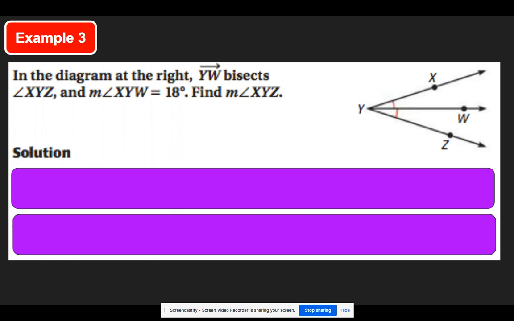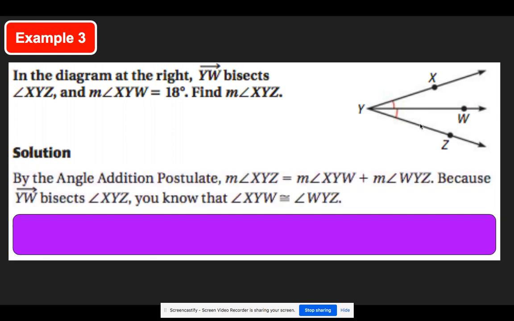And it wants us to find the measure of the entire angle XYZ. So the fact that XYW is 18 tells me that WYZ has to be the exact same.